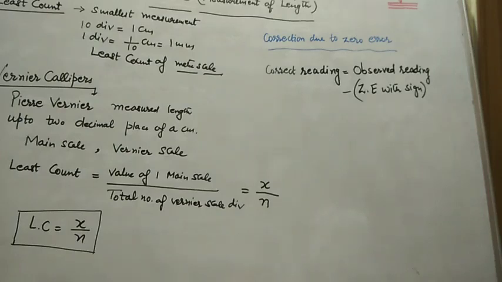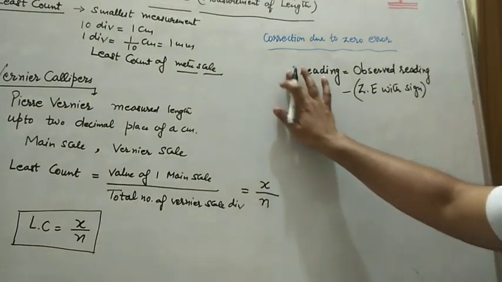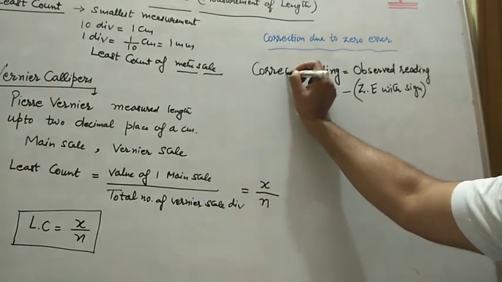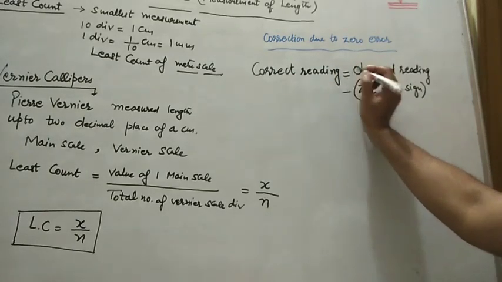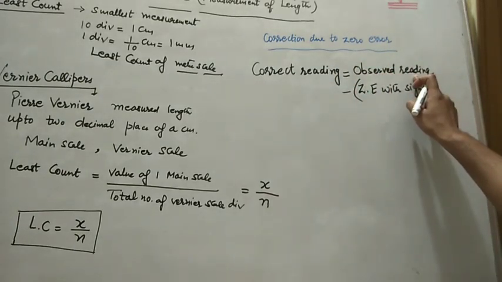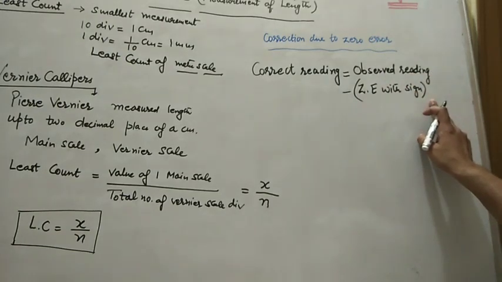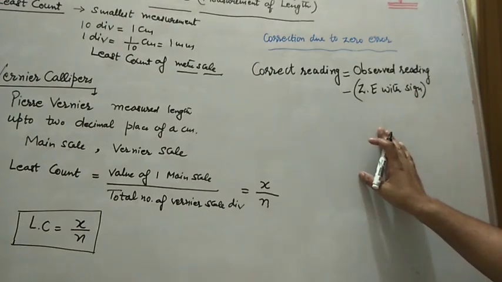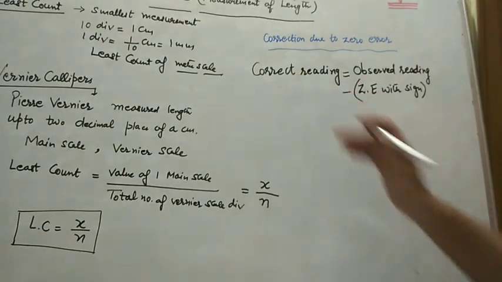So this formula we have to use. Correct reading equals observed reading minus zero error with sign. By using this formula we can get the correct reading.